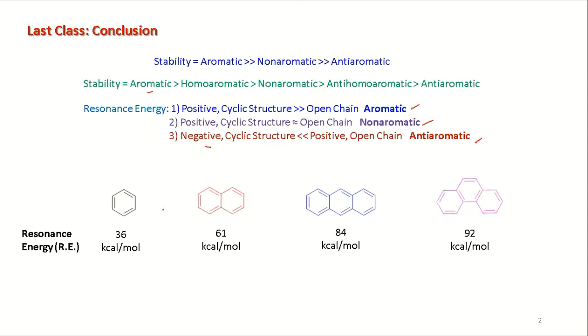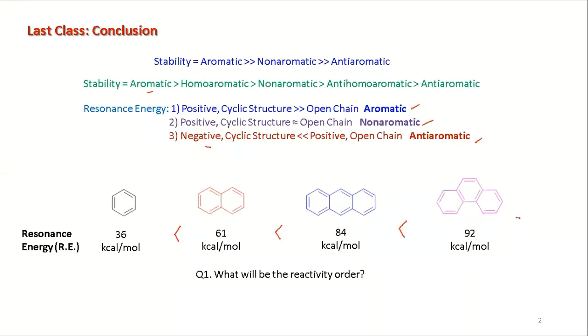Now, if you ask what the reactivity order will be, many people may be misled by this resonance energy information given here. Based on our general knowledge, with the increase of resonance energy, the stability is increasing. Apparently it will be like benzene is the least, then naphthalene, then anthracene, and phenanthrene is the maximum.